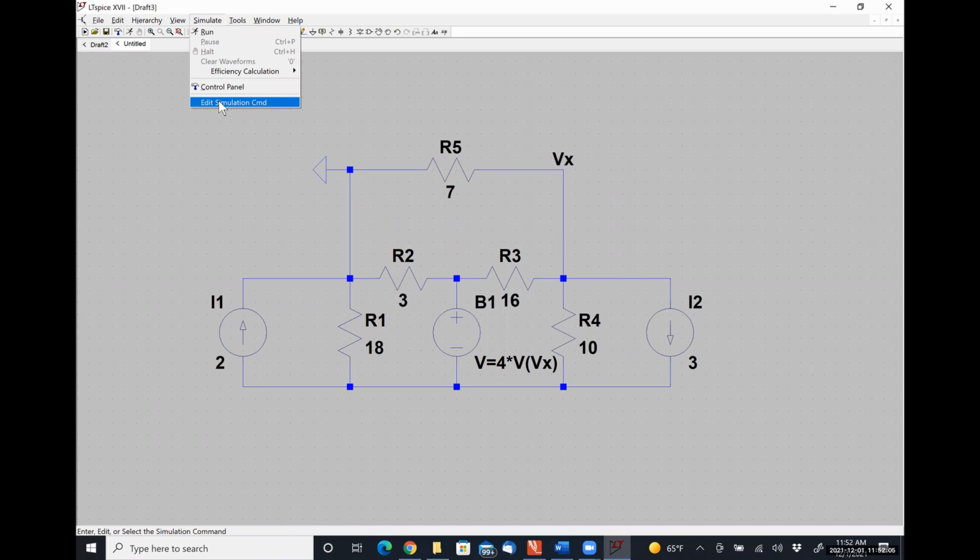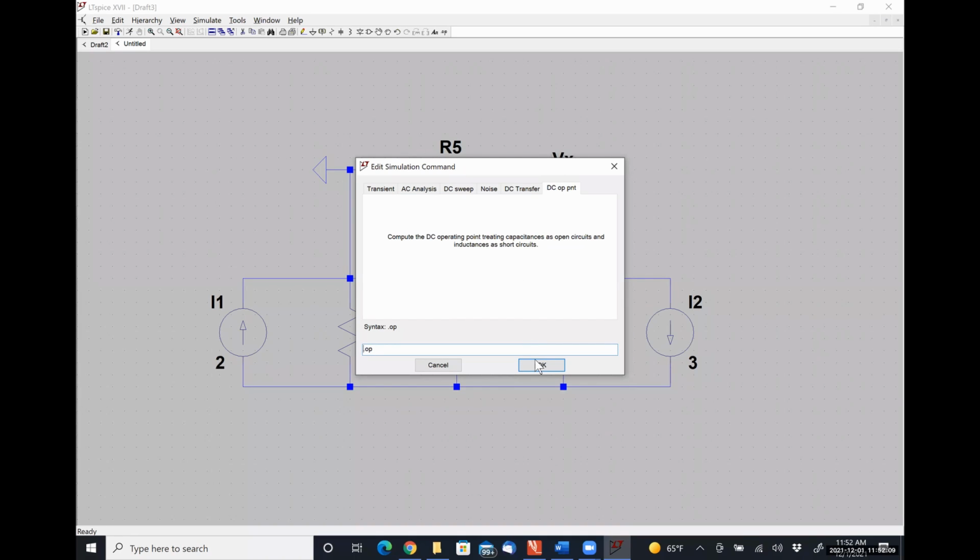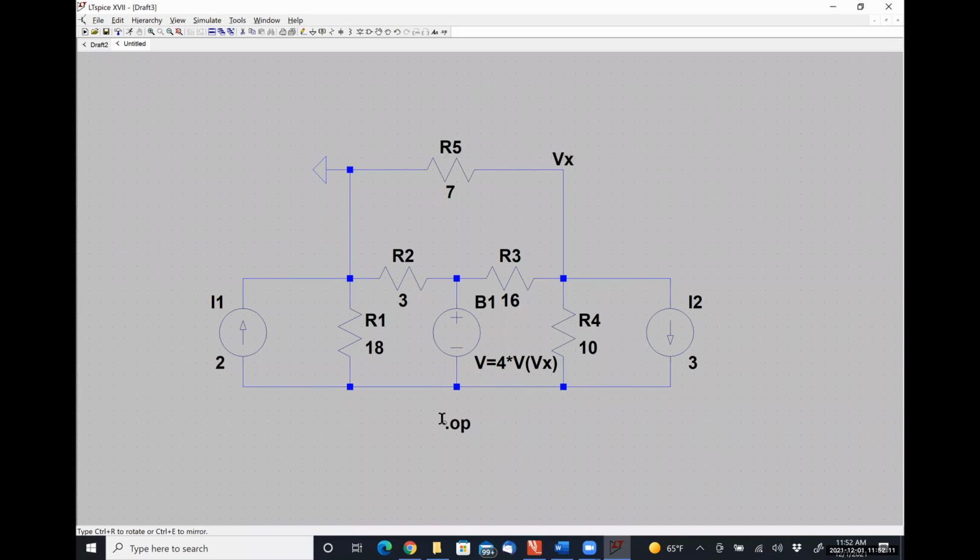So the first thing I'm going to do is go to edit simulation command because this is a DC circuit. We want to do a DC operating point simulation. So I went up here, simulate, down at the bottom, edit simulation command. You can also click on this right here, and this is where you can enter what are called SPICE directives, where you can just type .op and it'll do it just as well.